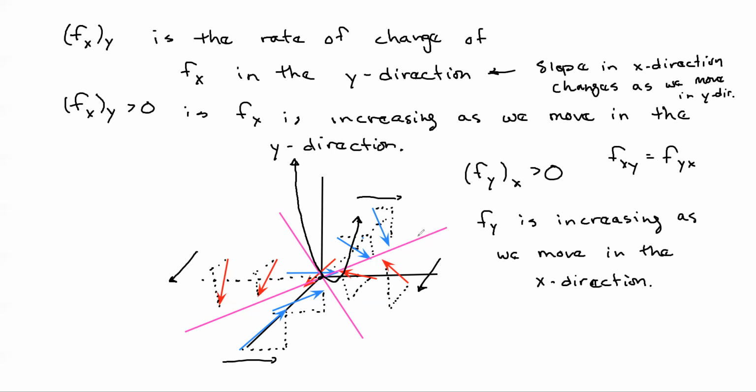Okay. And now, that handles this quadrant and this quadrant. What about over here? Well, let's think about what's happening as you're going that direction. As we go into this quadrant from this side, you're going downward.